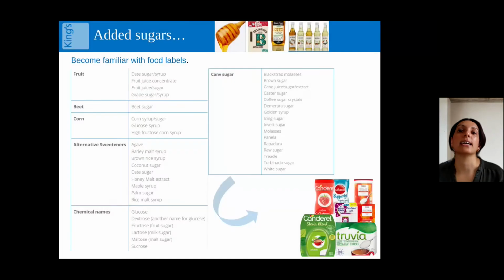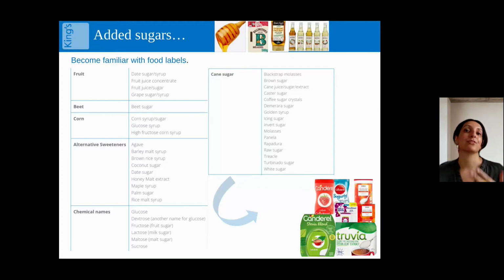Now, this next slide is to really highlight the importance of getting familiar with reading food labels. Food labels can be a really good resource for you to identify the total carbohydrates that might be present in the foods that you're purchasing, as well as the glucose amounts within those as well.